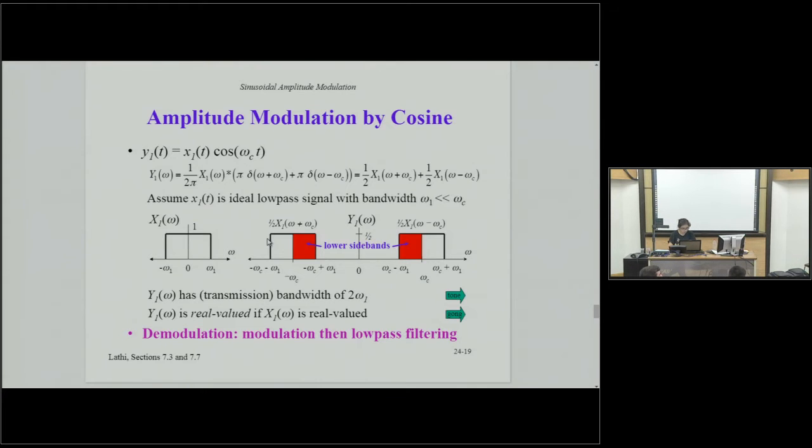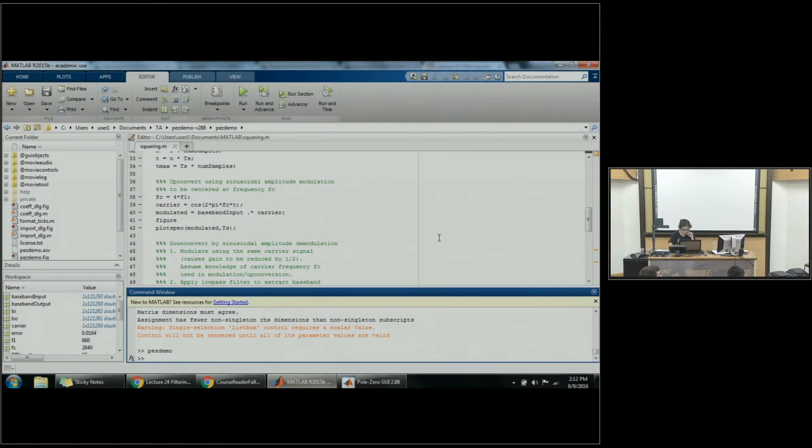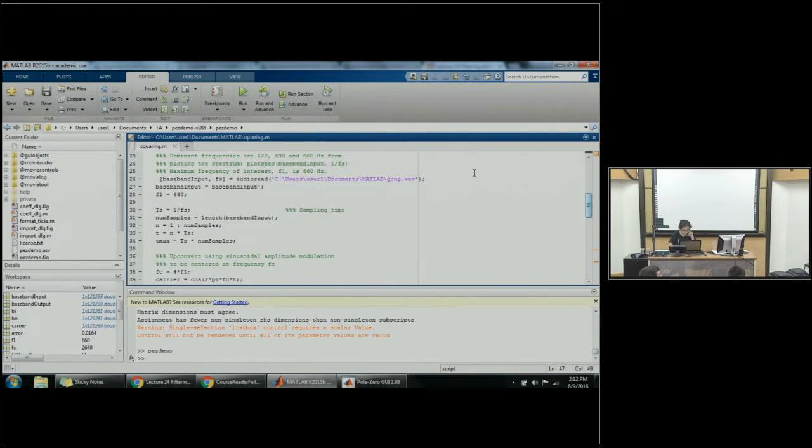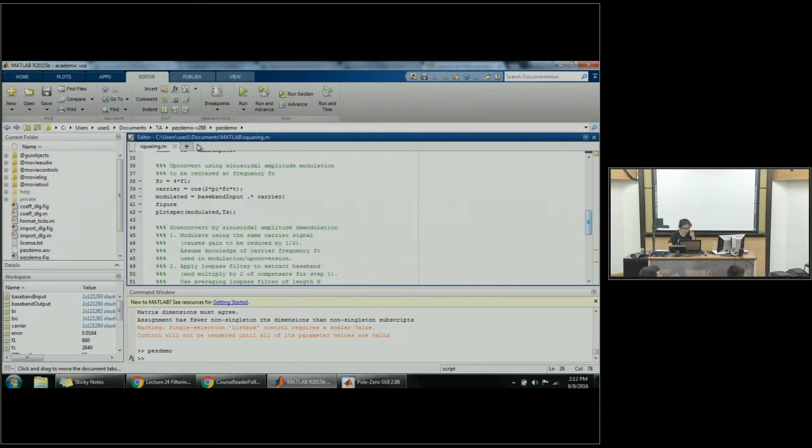Let me just do a demo on modulation. I'll put up this code for you. In this I have an audio of a gong; everyone knows what a gong is. My carrier frequency is 4 times my baseband frequency, and my carrier is just calculated as a cosine of 2 pi fct. For modulation, I'll just multiply the two directly, time domain multiplication.